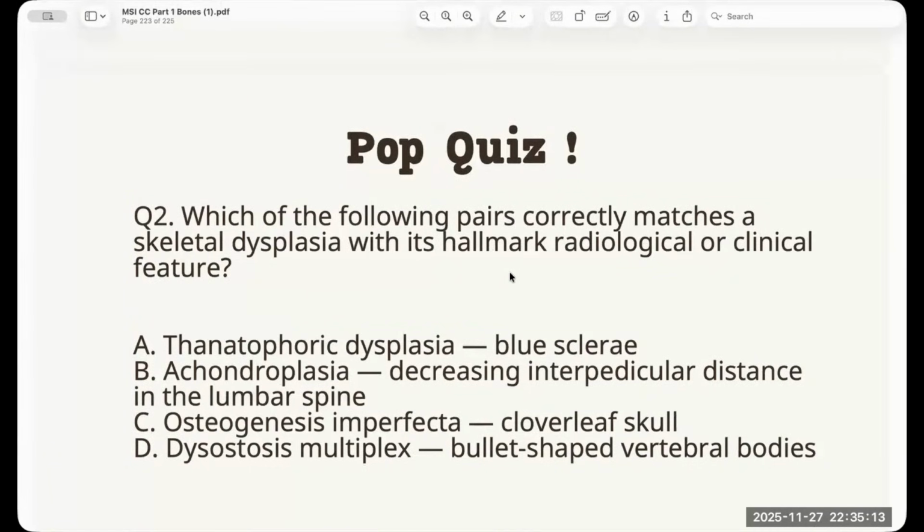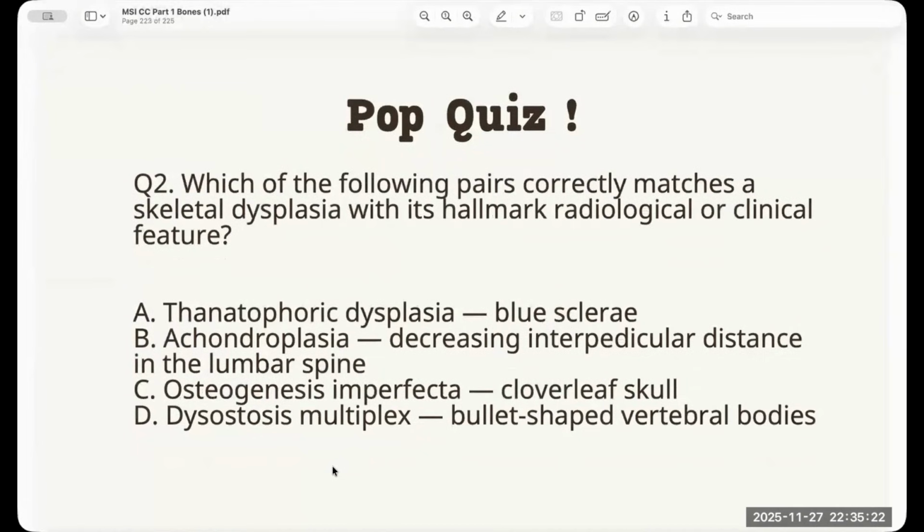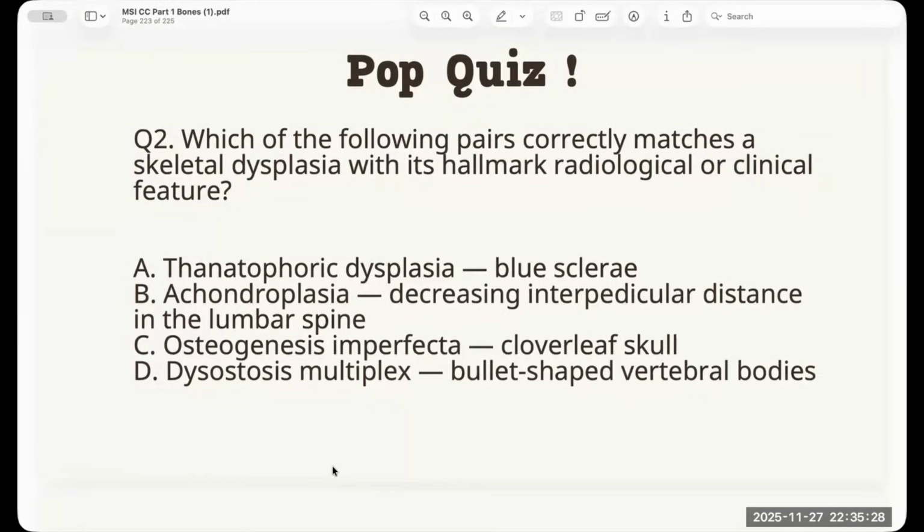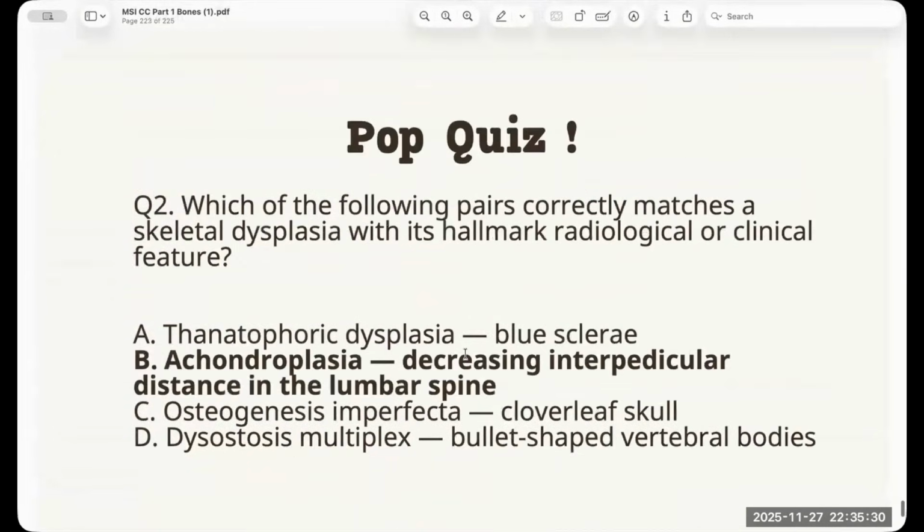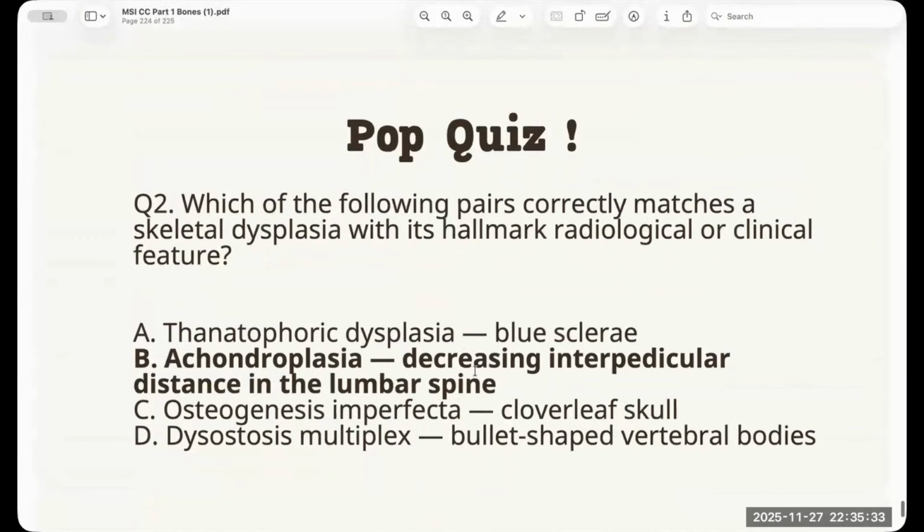Which of the following pairs correctly matches a skeletal dysplasia with its hallmark radiological or clinical feature? I'm going to give you a minute to read those. Okay, it's B. Achondroplasia matched with decreased interpedicular distance in the lumbar spine.